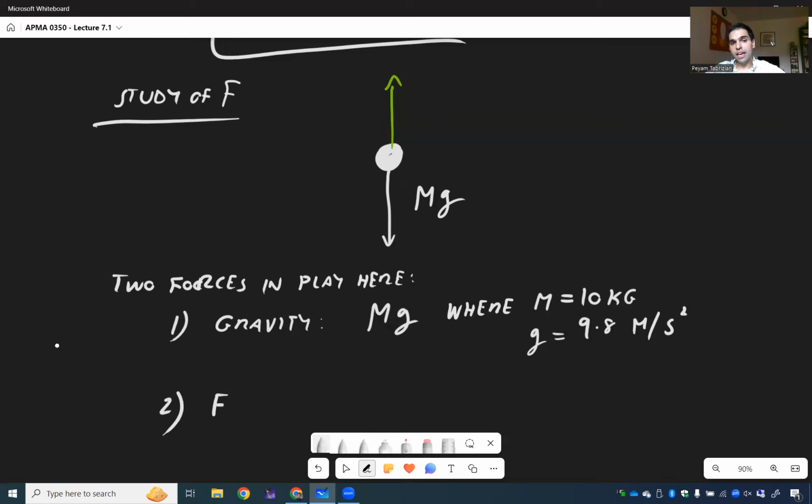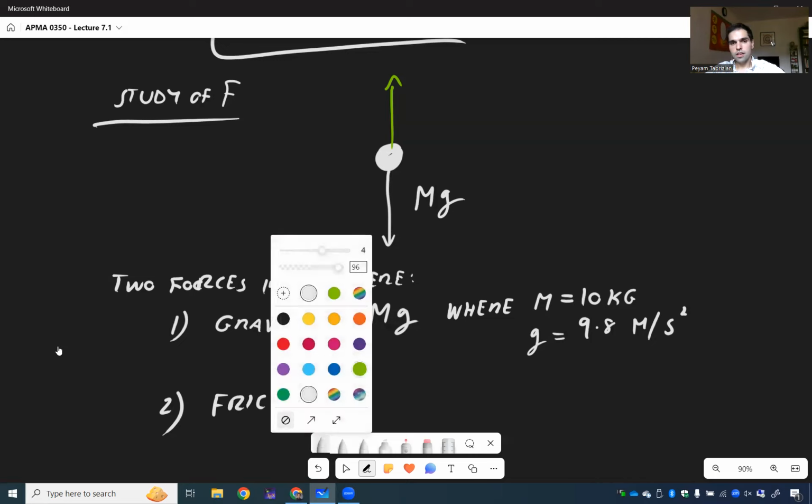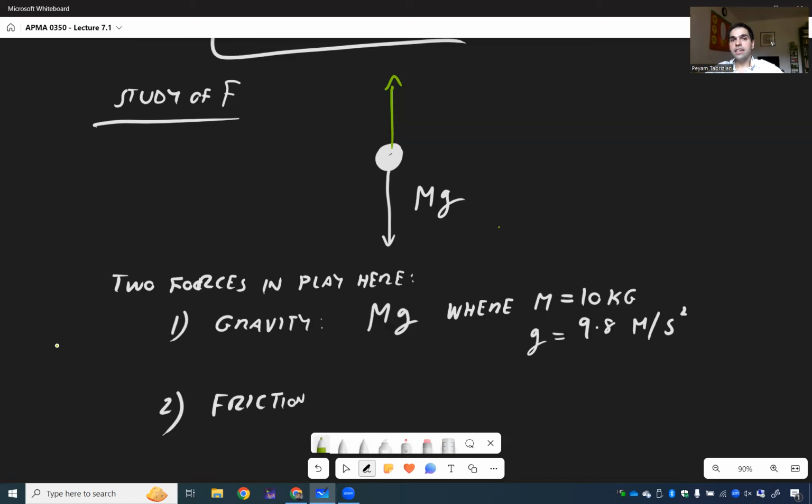That's on the one hand, and on the other hand, there is friction, which again, in this case, is given by minus gamma v of t. And I'll explain why. Minus gamma v of t. Where minus, because friction points in the opposite direction of gravity.